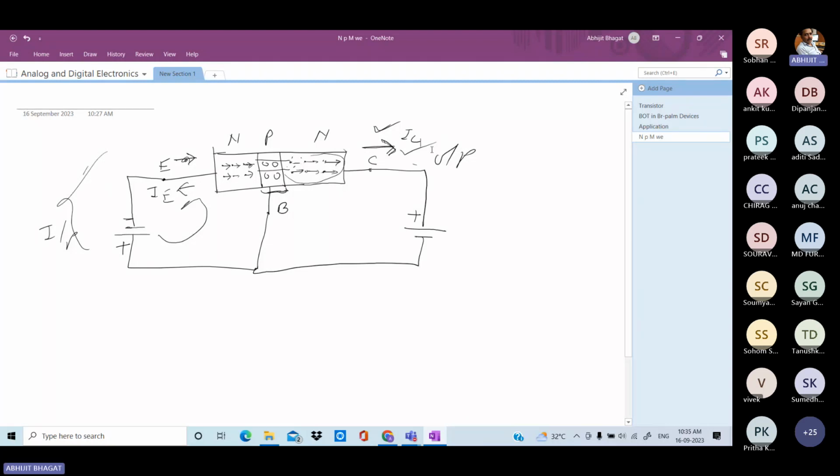IE controls the IC, so it is a current control device. Suppose if you do not supply this IE current, very little current is flowing, but when you supply the IE current, the current in this output terminal will be increased. So you are getting an amplified version of the signal across the output side. Is it clear?